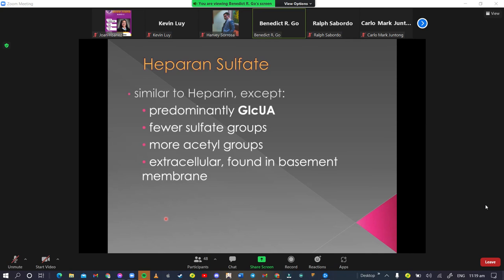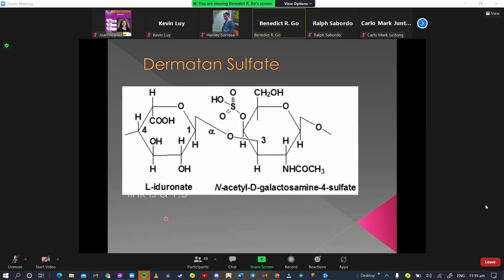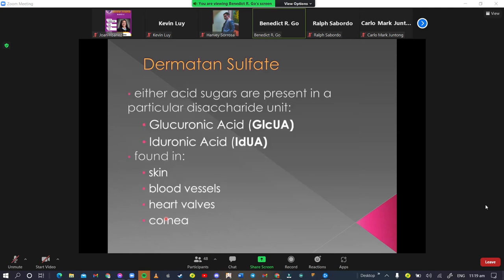They also have fewer sulfate groups, but more acetyl groups. Dermatan sulfate, this is the structure. What is notably distinct about dermatan sulfate is that either acid sugar is present in particular disaccharide units.